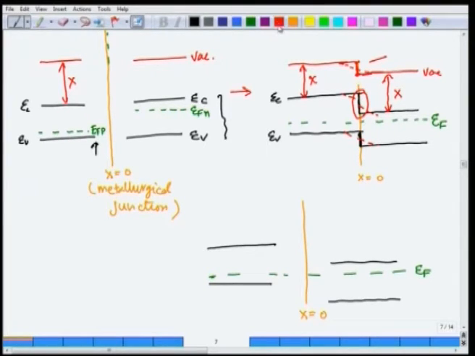and I will draw these vacuum levels, and this vacuum level a little higher, and stop here. Then I will say that look, what I needed was that the vacuum level should be continuous.